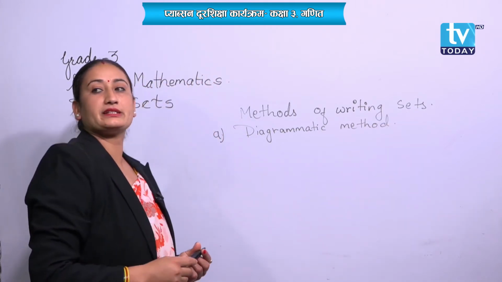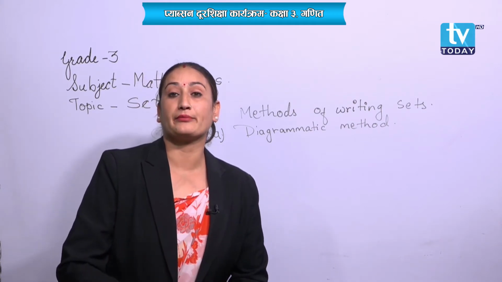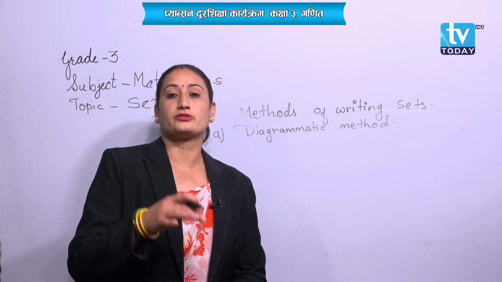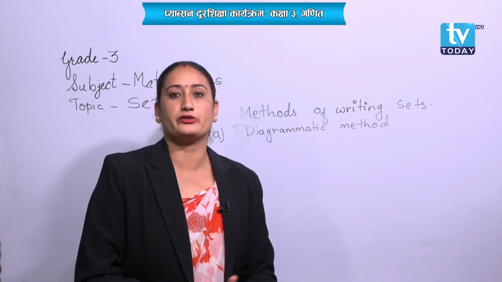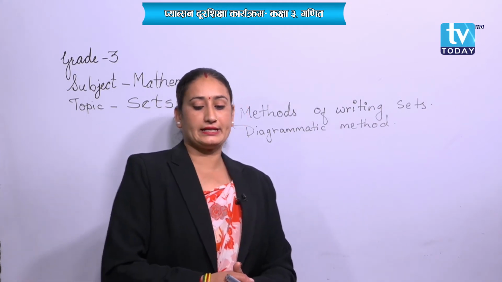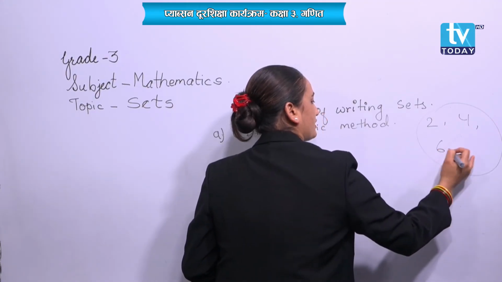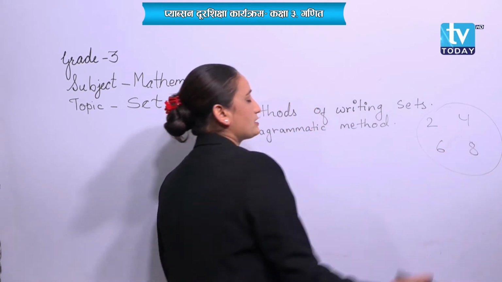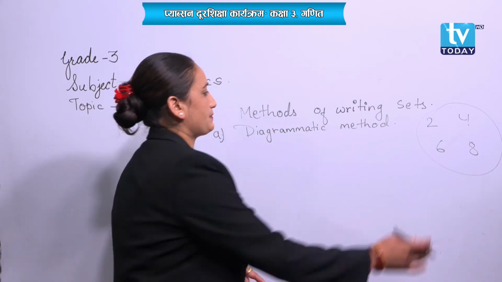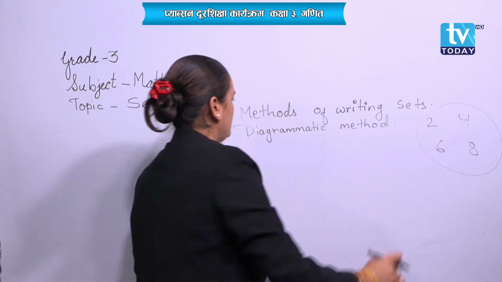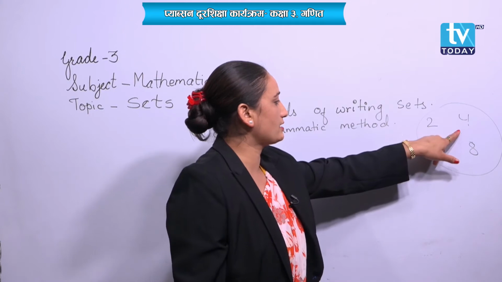It's a diagrammatic method, and diagrammatic method means by showing you through a diagram, right? You have to see the diagram and answer it. That one picture is for your diagram, okay? So here, have a look at this picture: 2, 4, 6, 8. Now from this picture, can you say that this is the set of numbers?